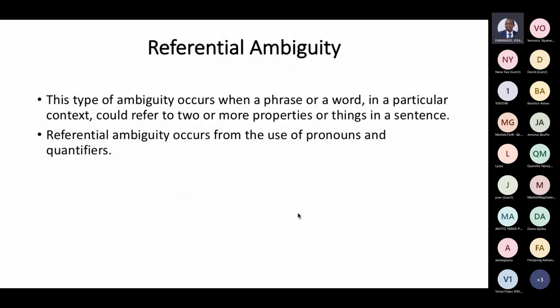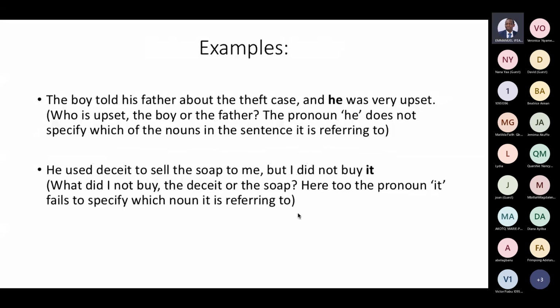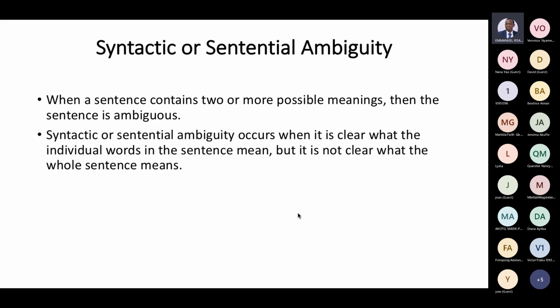Then referential ambiguity is when a certain pronoun is ambiguous. Then we have the sentential ambiguity, when the whole sentence is ambiguous, even though the meanings of the individual words are clear, but the way the whole sentence has been put together is ambiguous.